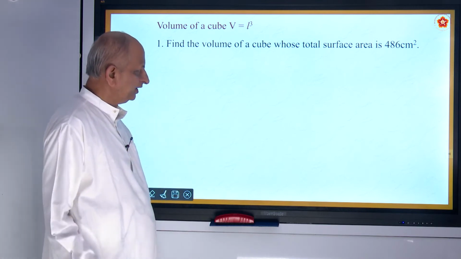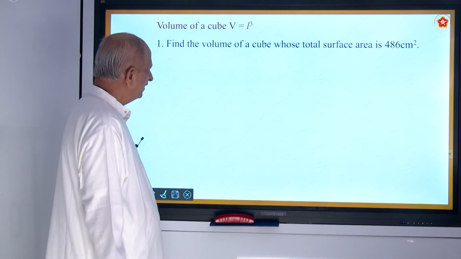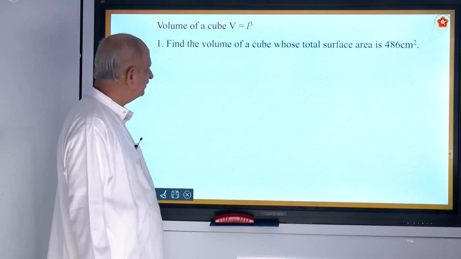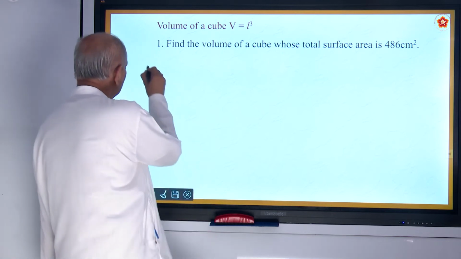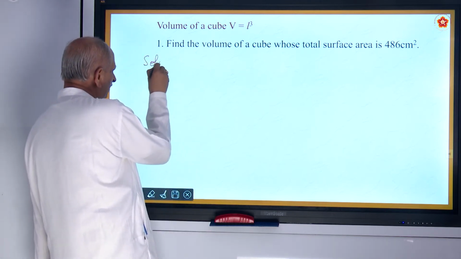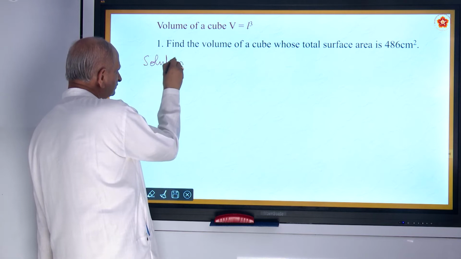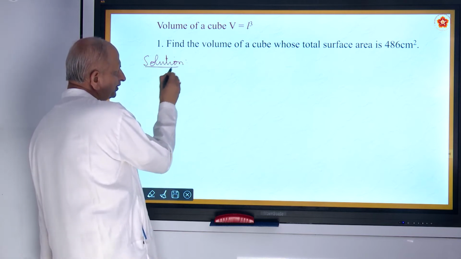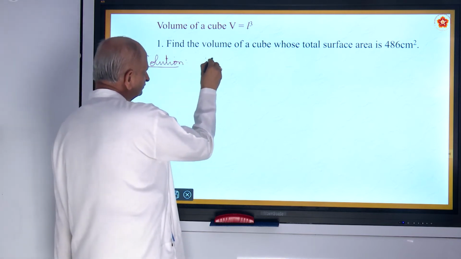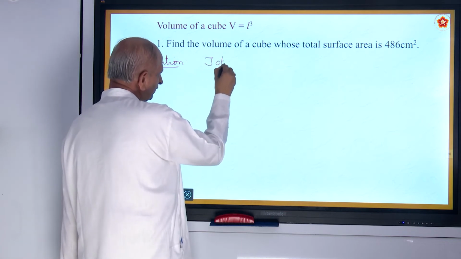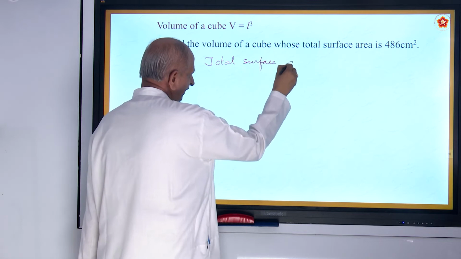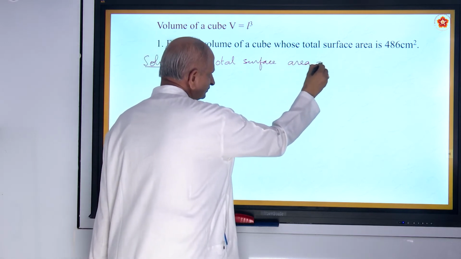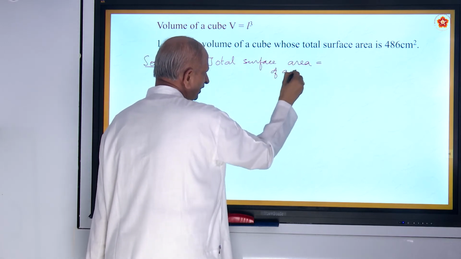Now there is an interrelated question. Find the volume of a cube whose total surface area is 486 centimeters square. So here they are given surface area is given. Total surface area, we call it as TSA of a cube.